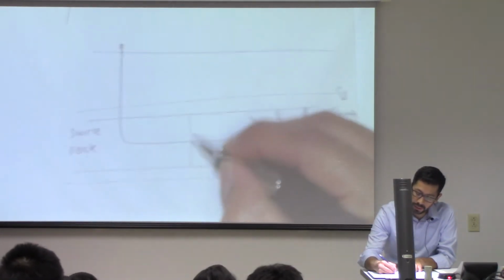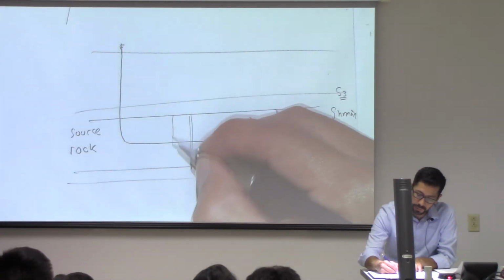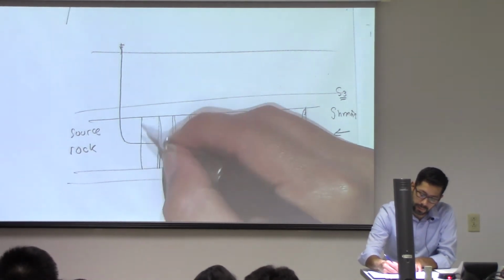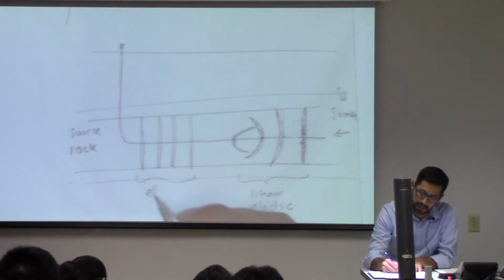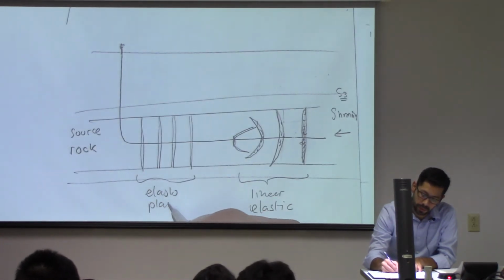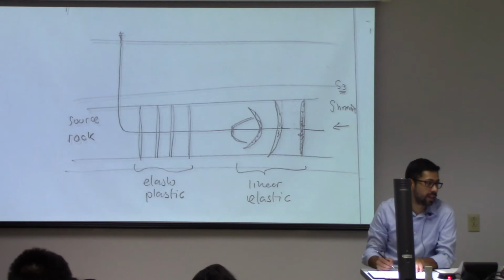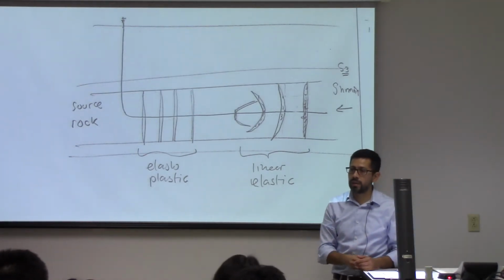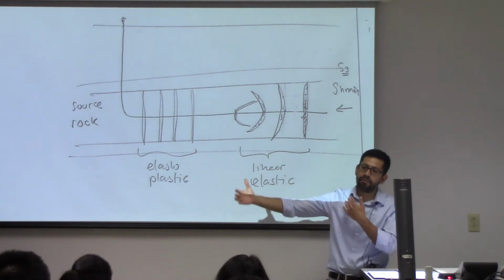But if you were to analyze an elastoplastic model, you will tend to see that when you consider the additional plastic strains, these stress shadows do not get that far.